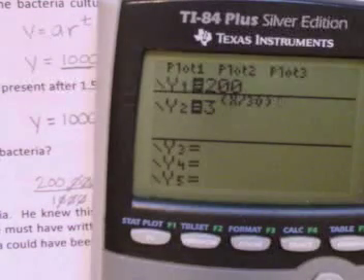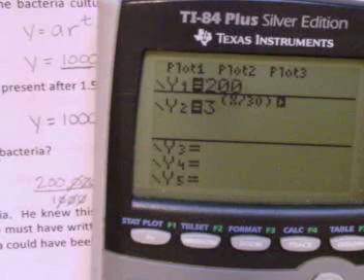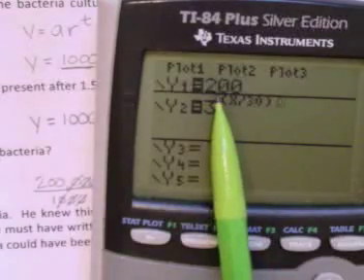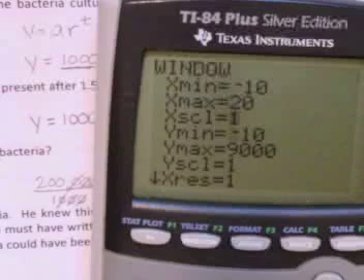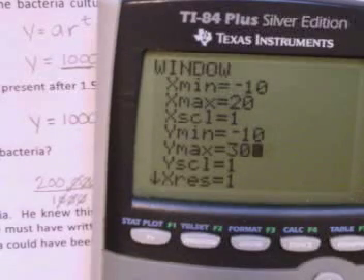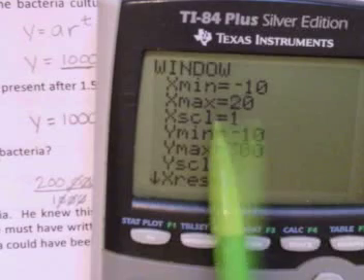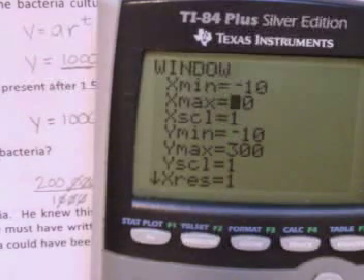Let me scoot this down so you can see my screen. And now I'm going to have to use a little bit of common sense to set my window. I want my y max to be bigger than 200. So I don't need it to be as big as 9,000, but let's try 300. And I'm not quite sure how many minutes it's going to take.